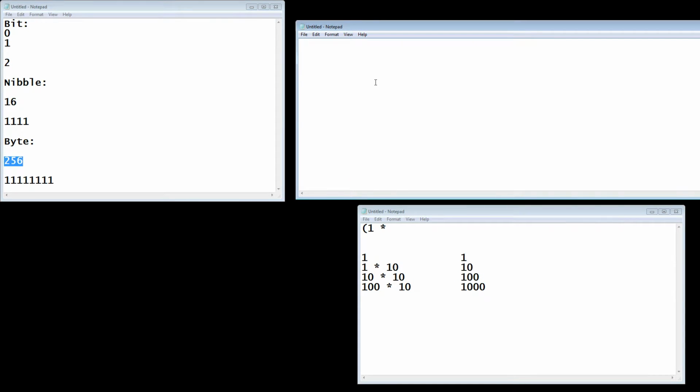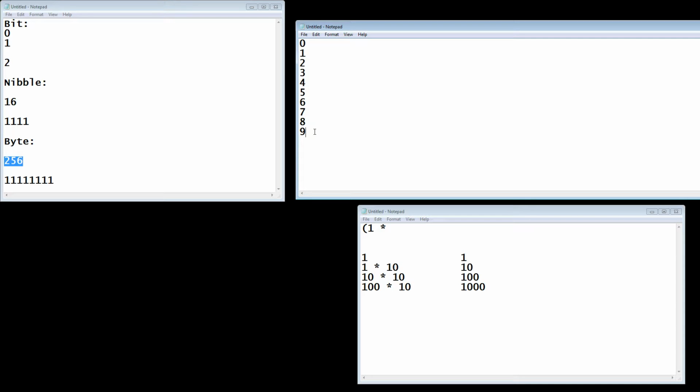So, the base 10 system we went over: 0, 1, 2, 3, 4, 5, 6, 7, 8, or 9, right? That means each of these can be a different value. With just this, we can have 10 possible values. I mean, this doesn't have to be numbers.